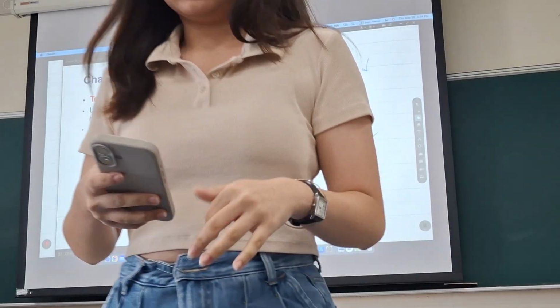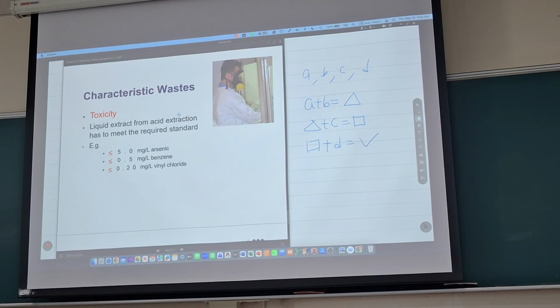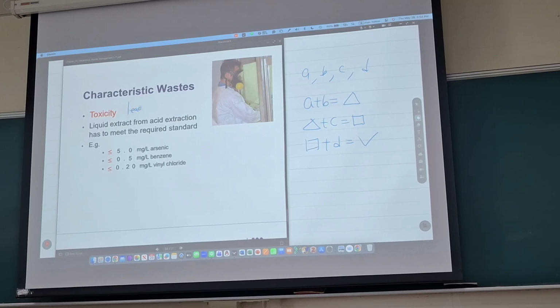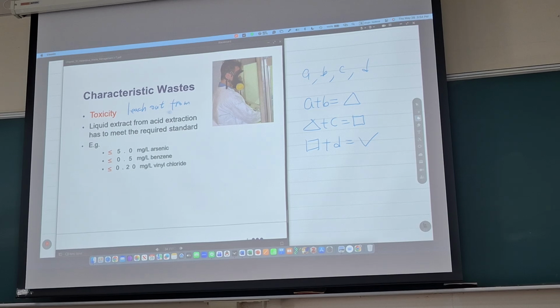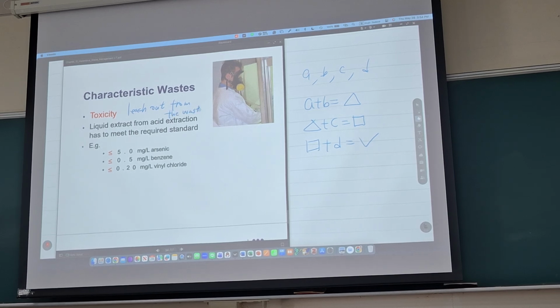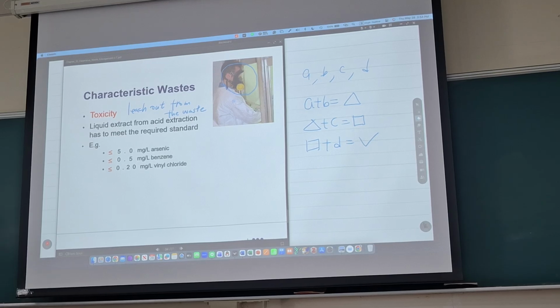Everyone knows toxicity. So that means this kind of harmful substance can reach out from the waste. So you need to wear the mask when you operate those toxic chemicals.